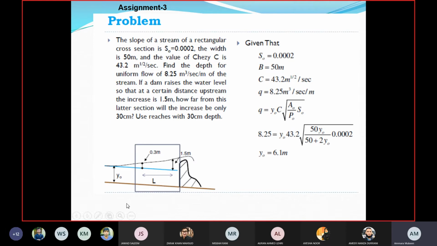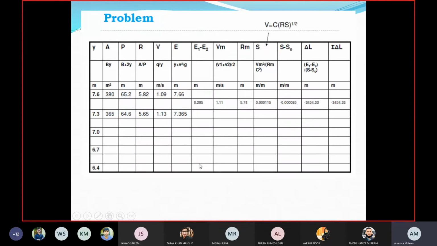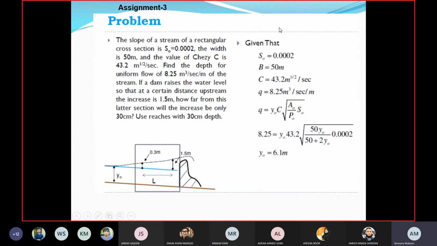So first of all, in this question, you need to find the normal depth, and then find the depth at the two sections which are given, and then follow. Here this is written wrong, you need Chezy's formula here, not Manning's, sorry, because Chezy's formula is used here. We also use Chezy's formula.